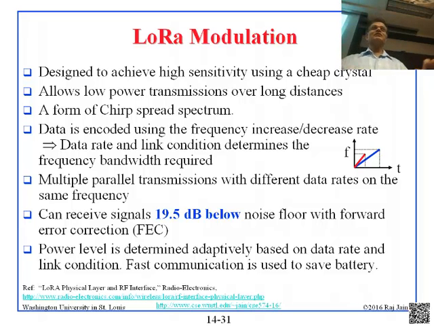If I speak with this LoRa modulation, the total would be 19 dB below the noise. So basically nobody will see any effect. That's a huge number. It's really great. They can listen to signals with 19.5 dB below noise. That's the key. So 20 dB is like 100, right? 100 is 20 dB. 1/100th of the noise level.